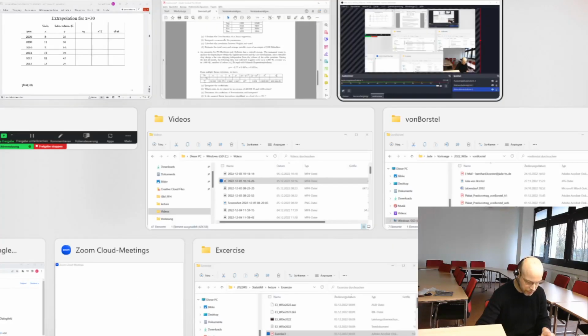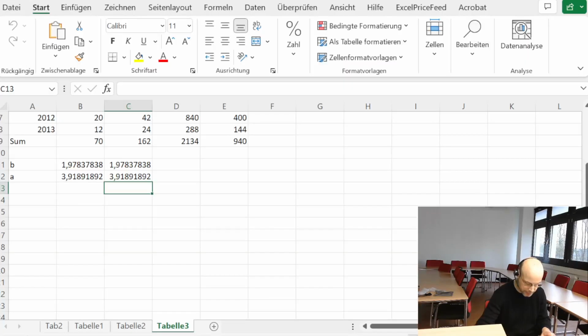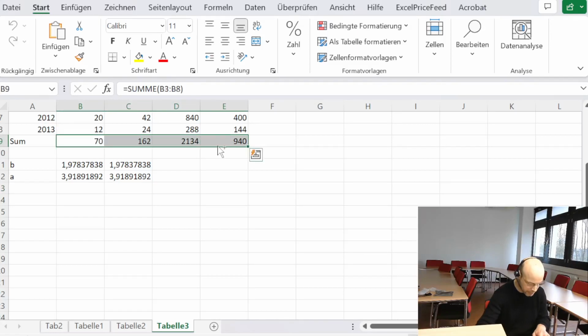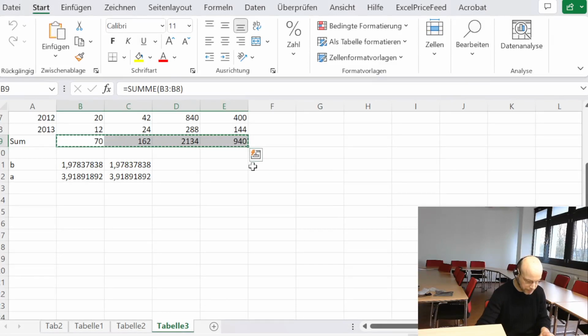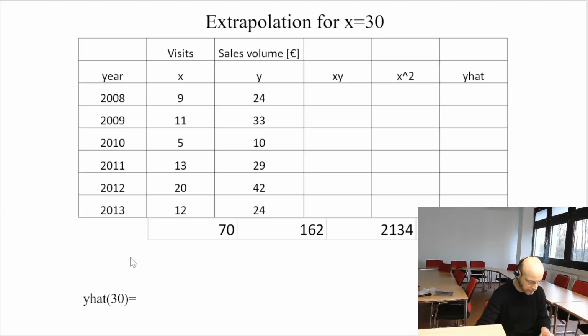So let's go to our Excel file and let's insert all this: 70, 162, 940. So let's do it like this. All the sums. This is the sum of y hat. Yep, and where we are here.